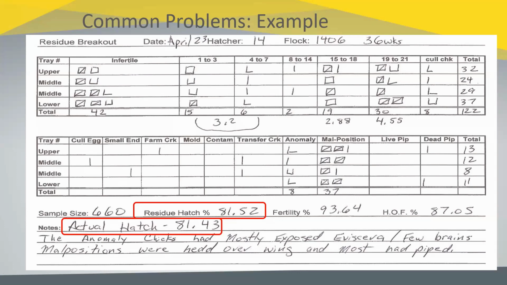What I recognize is that the biggest piece of this 19 to 21 is my late deads: 4.55%, 30 of these eggs, fell into this category. There are also 19 of them in the 15 to 18 category, but look at the malposition in the bottom subcategory. In troubleshooting this particular flock, this gave me a direction and told me where to look, at least initially.